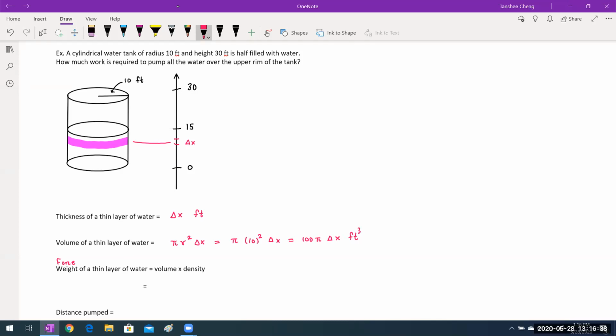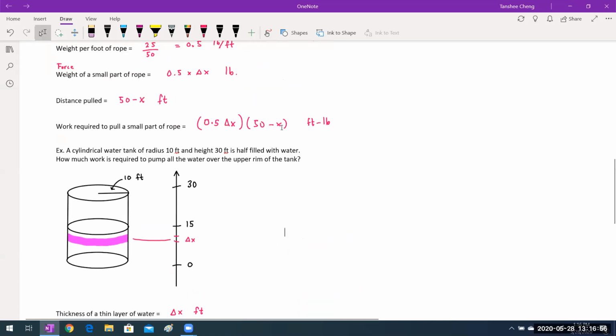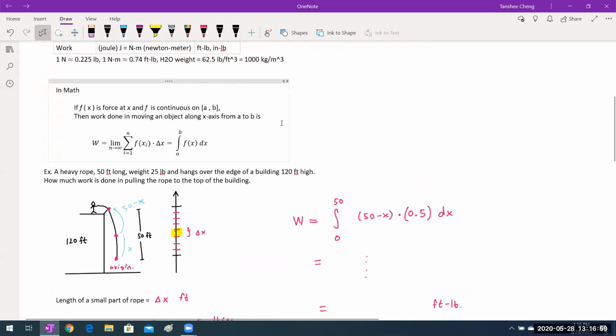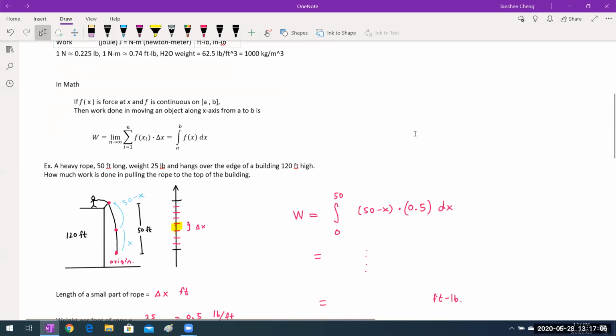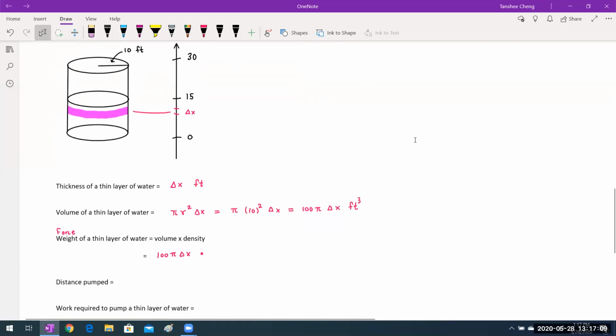Okay. So now, to find the weight of this one thin layer of water, I'm particularly talking about this point. This volume, 100 pi delta x, gets multiplied by the density. What is the density? We already know it from the unit that I pointed out before. The density is approximately 62.5 pounds per feet to the third power.